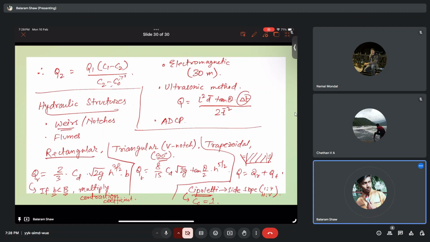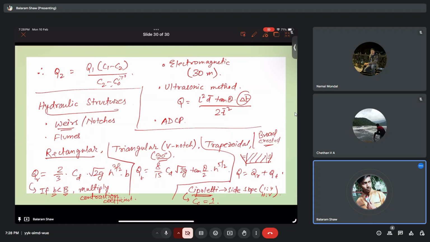Okay, so with this we also have broad crested weir and all. How this formula came and what the assumptions are in that, you should also look into this. You can go to any channel flow book or fluid mechanics books, maybe Rajiv Bhattacharya or Hanif Chaudhary or any other basic graduate level books.